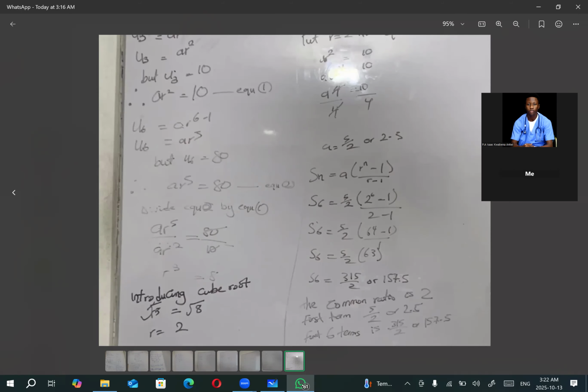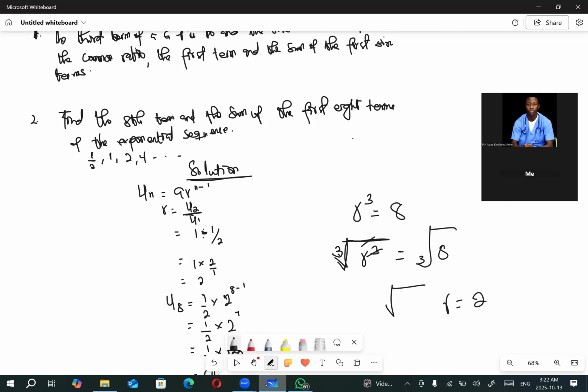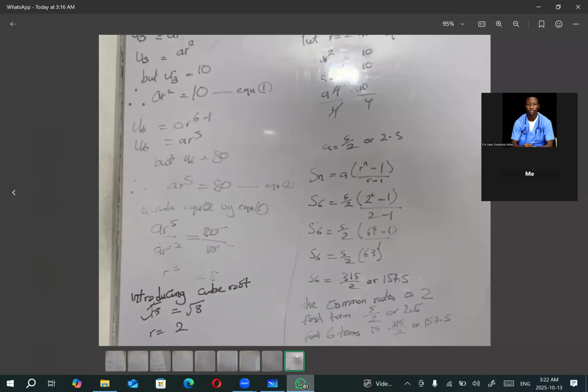Then now to find the sum, you have to indicate that R is greater than 1. So before you introduce the formula, indicate that R is greater than 1. It influences the formula you have to use. You don't just go to the formula. I've done 2 corrections here. So Sn will be equal to A into bracket R exponent n minus 1 all over R minus 1.